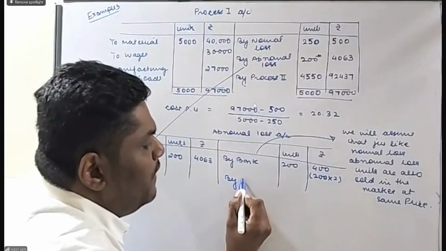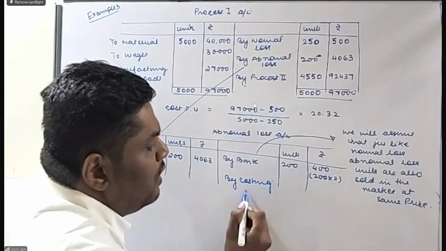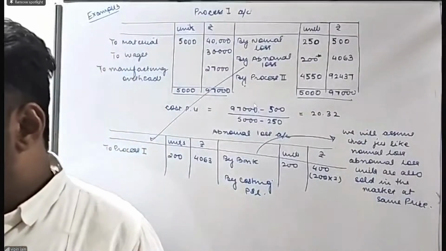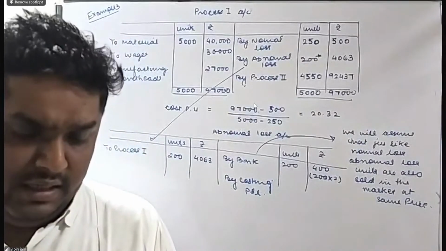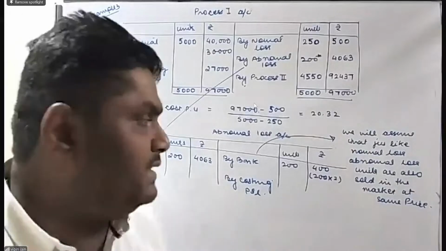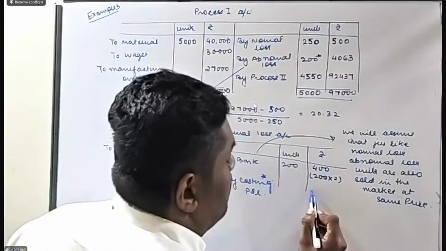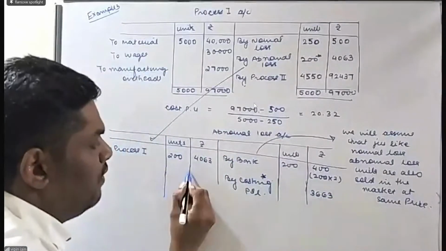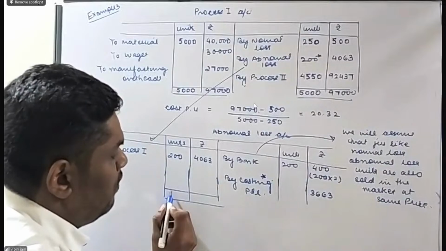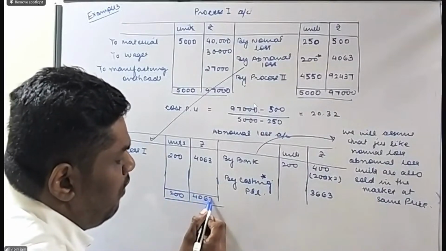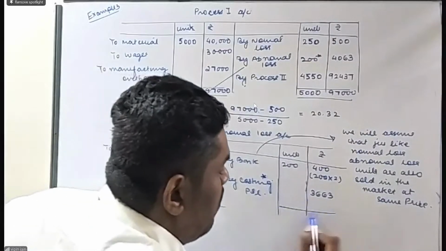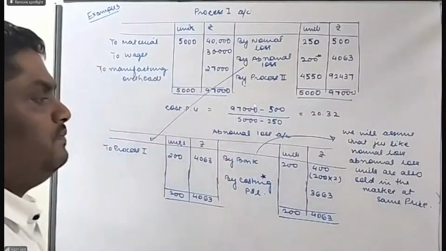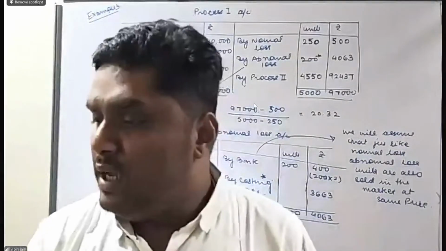So the balance amount will be transferred to the costing P&L as our loss. So by costing P&L, my loss will be 4063 minus 400, that is 3663. This will be my balancing figure. So this is how this abnormal loss account is prepared.